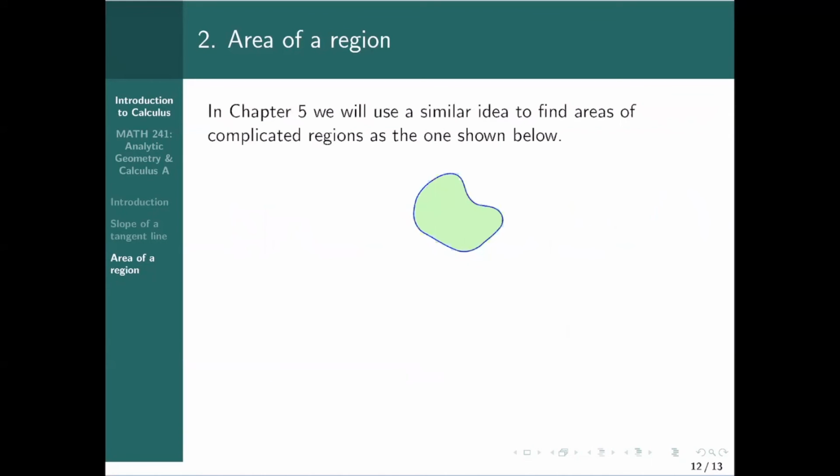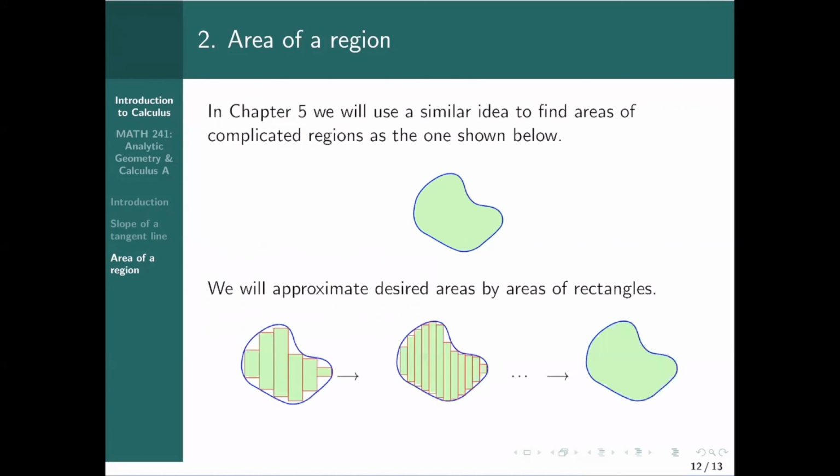In chapter 5, we are going to see an idea that is similar to this one. We are going to use approximation of areas, but instead of using regular polygons, we are going to use rectangles. So like I said, we're going to approximate the area of a region by rectangles.